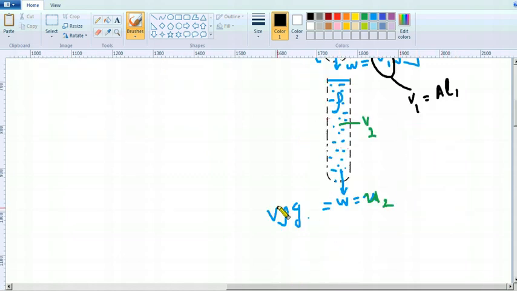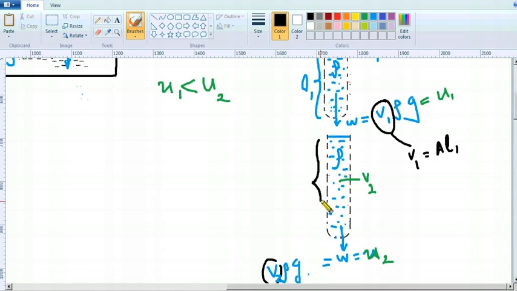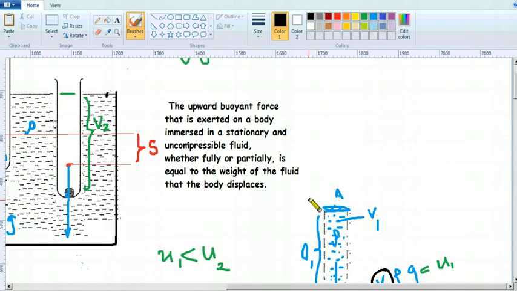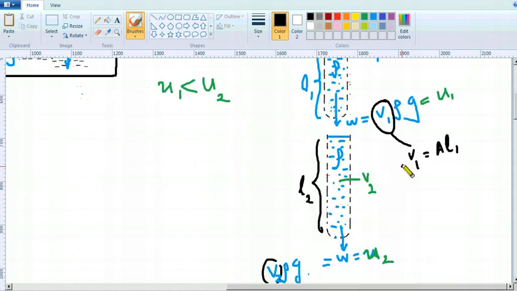So here this V must be V2. V2 is equal to cross-sectional area times L2. Here L2 has been increased because we pushed down the test tube. So therefore volume increased, therefore upthrust increased.